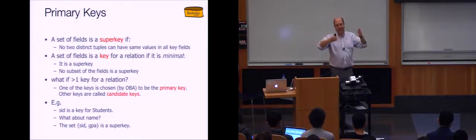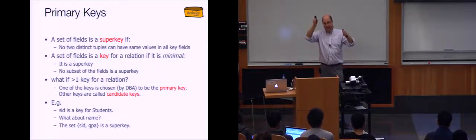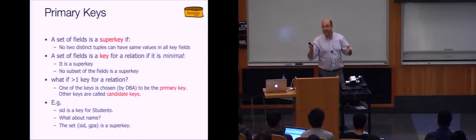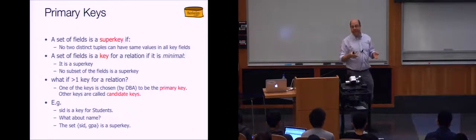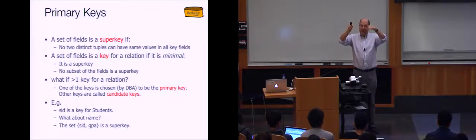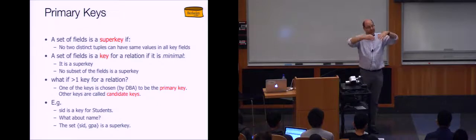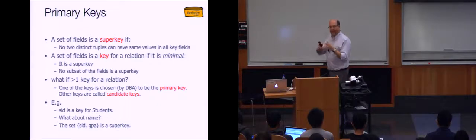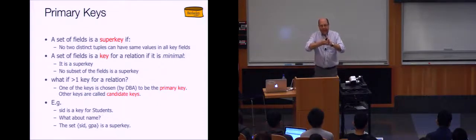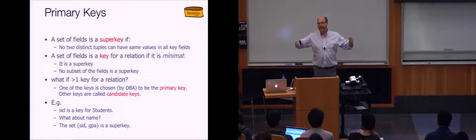No two different tuples can have the same value for SID. No two student tuples can have the same value for SID. Turns out that given that, no two students can have the same value for the combination of SID and name, or the same combination of SID and major, right, or the combination of SID, name, and major. Those are all superkeys. So a superkey is somehow potentially bigger than what you need for uniqueness.